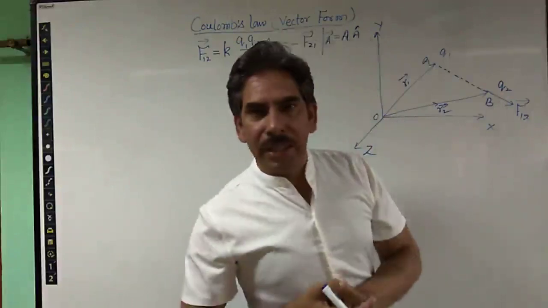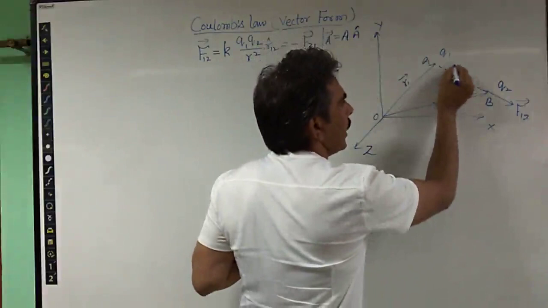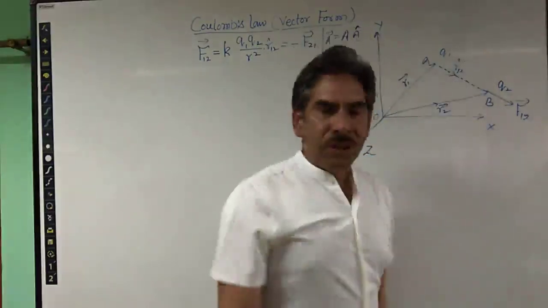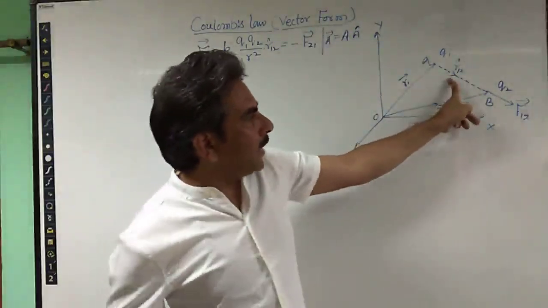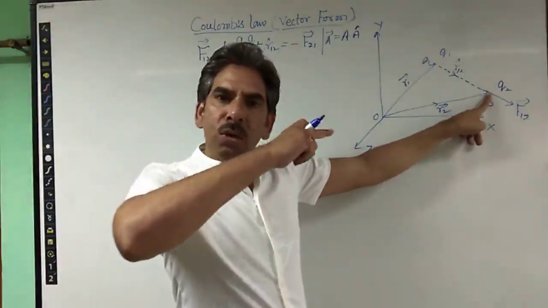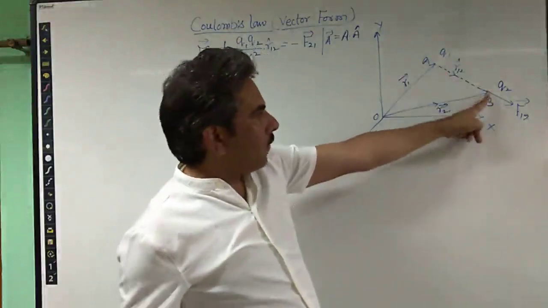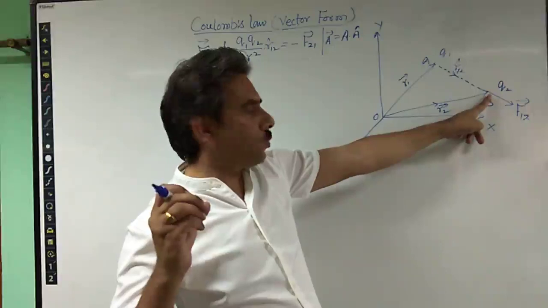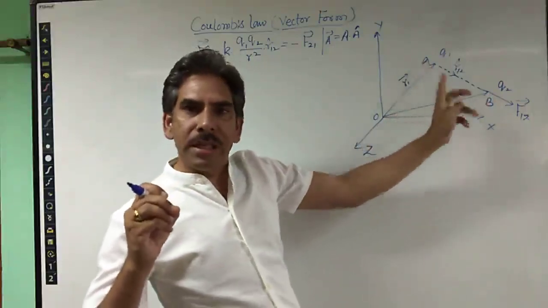And what is the unit vector along that direction? I can define it in a similar manner as R12 cap. So this is the unit vector along the force. It is the unit vector representing the direction of charge Q2 with respect to the charge Q1 who is exerting the force.